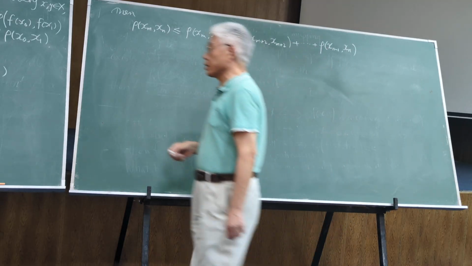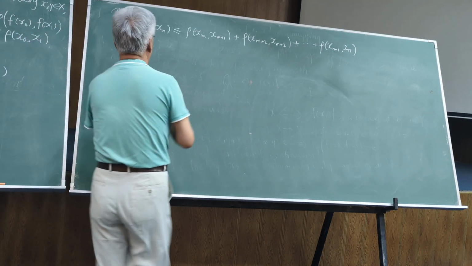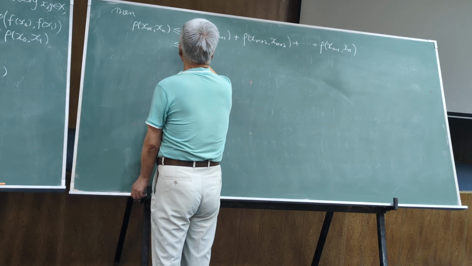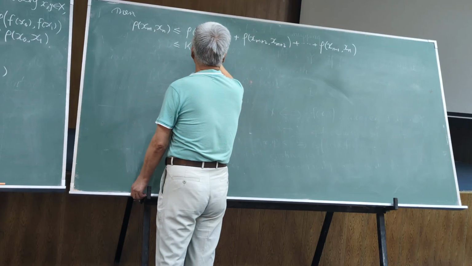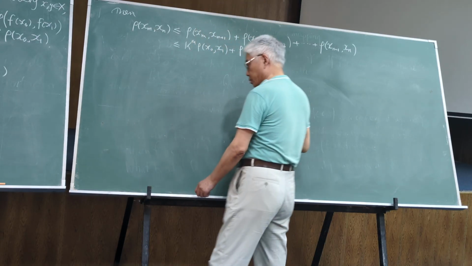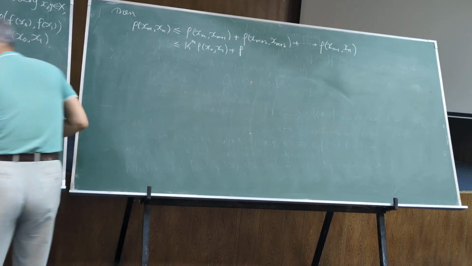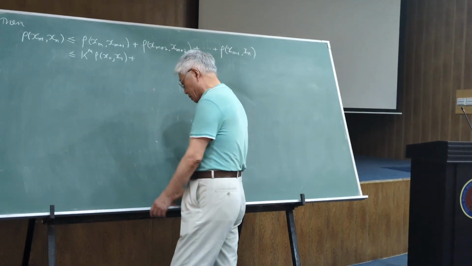And we can apply this inequality to each of the summands, because each of the summands is a distance between consecutive terms. And the distance between consecutive terms is bounded as above, so the inequality is kept in the same direction. So this one will be k to the power m rho of x0, x1. This will be k to the power m plus 1. If you are not understanding, please stop me and ask.